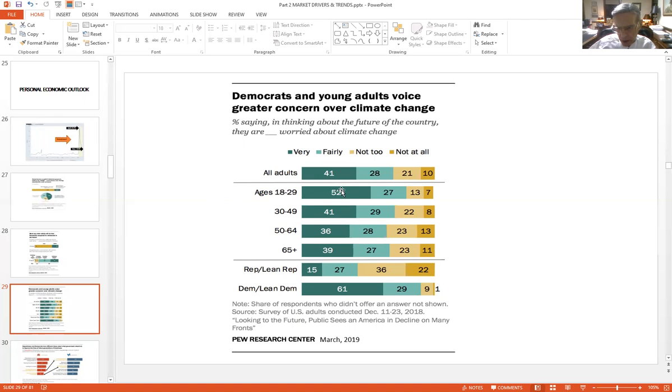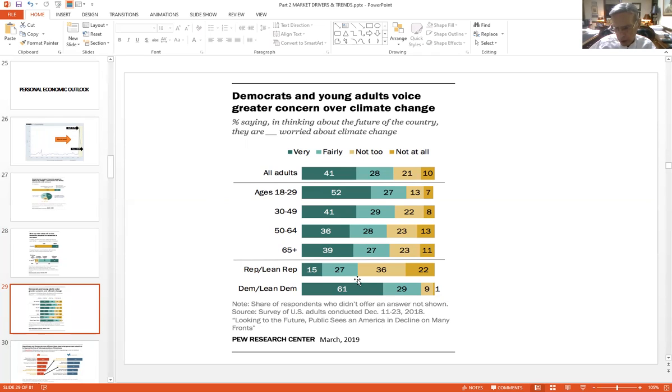And the younger the respondents were, the more concerned they were. Rather interestingly, folks who were liberal or Democrats were much more concerned about climate change than conservatives or Republicans.